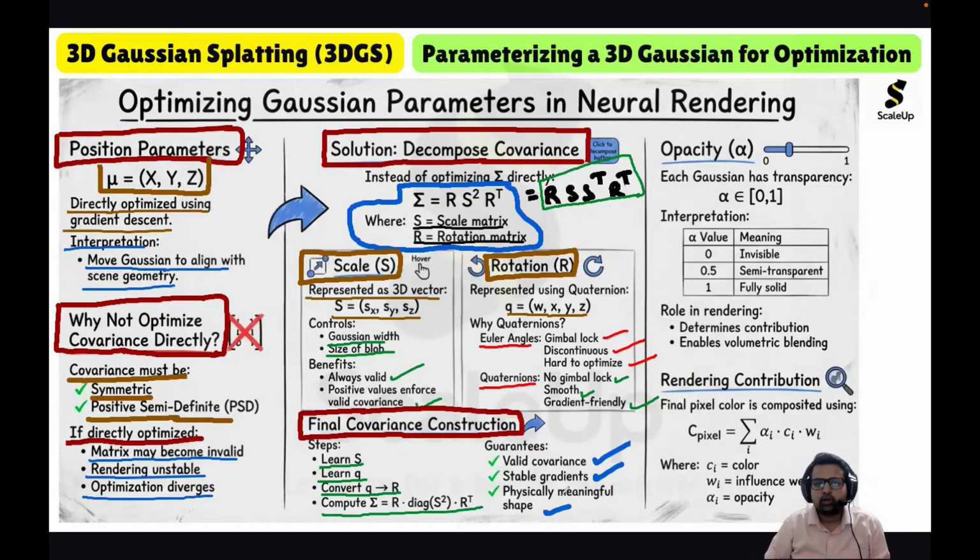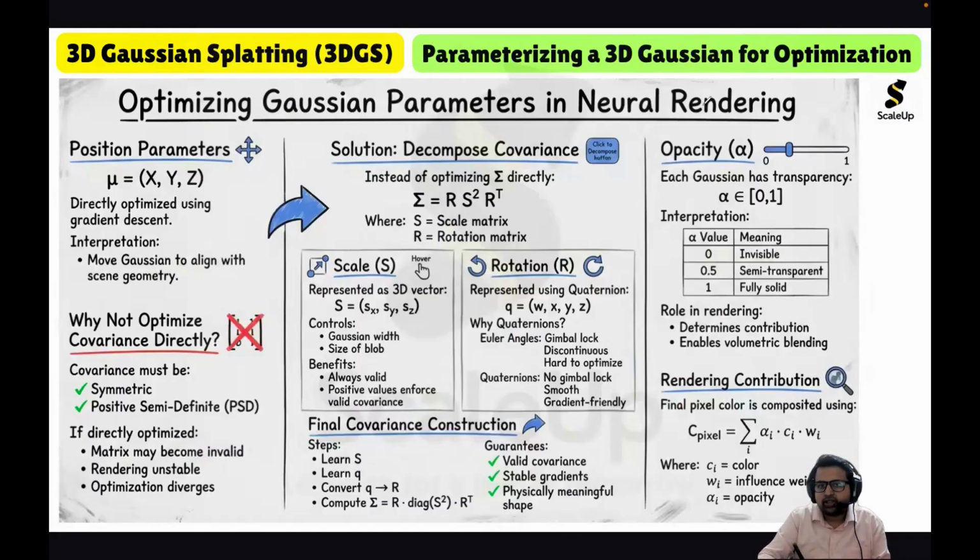The covariance we got after optimization, by decomposing it, learning, and then computing the optimized covariance, is guaranteed valid, because whatever covariance we get after optimization will follow those two properties: it will be symmetric and positive semi-definite. So we get stable gradients, and because these two properties of covariance are maintained, we get a physically meaningful shape.